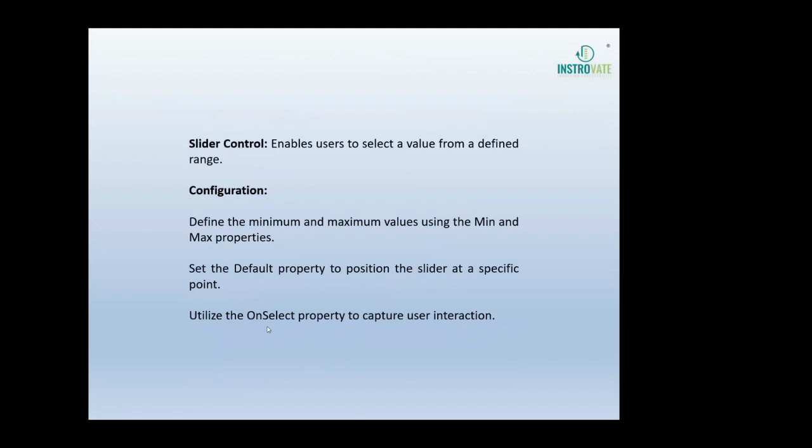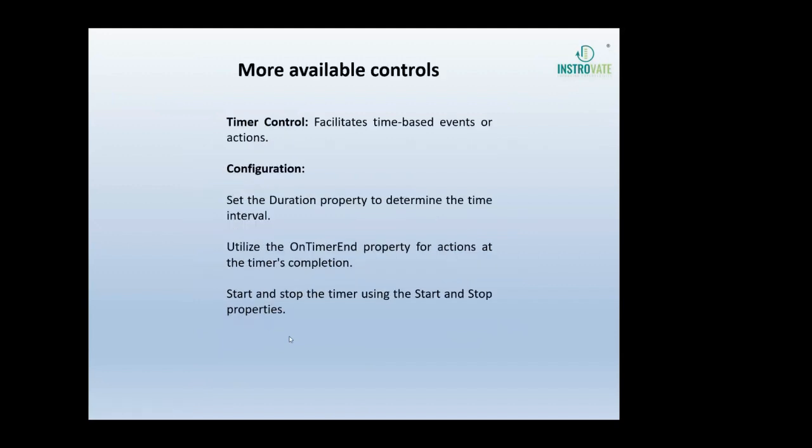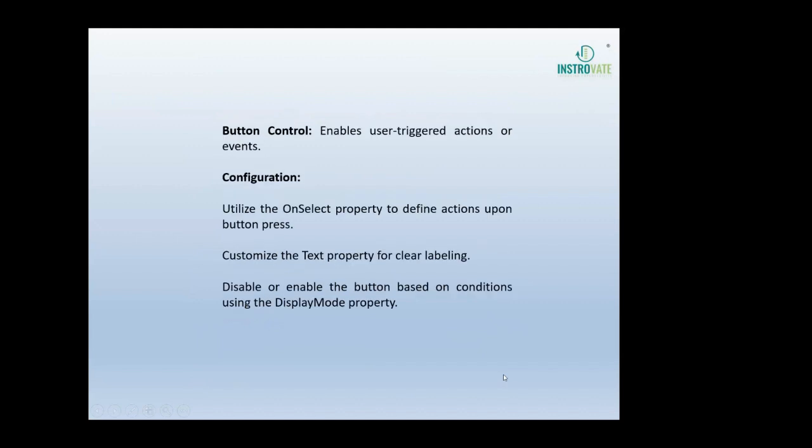Now slider control. What it will do is enable users to select a value from a defined range. So for that you use the slider control. Similarly, the slider control has a different configuration. Now more available controls. The timer control is also available, and it is for time-based events or actions, and it also has a different configuration.